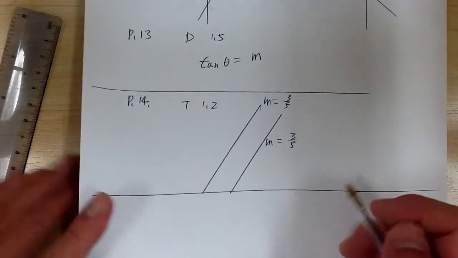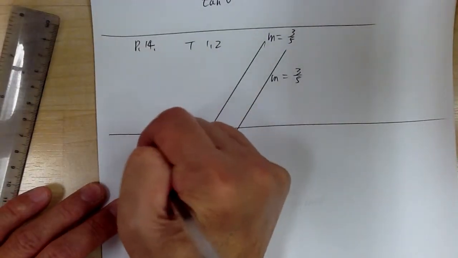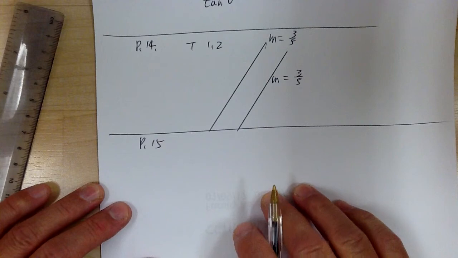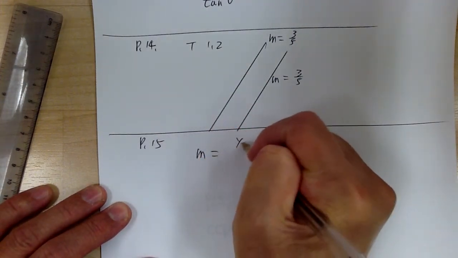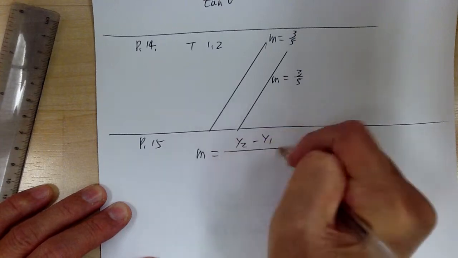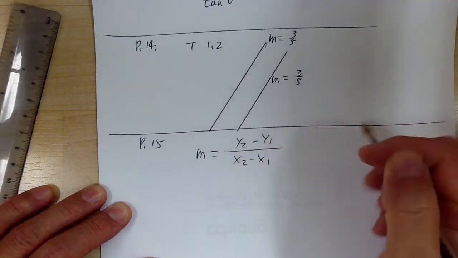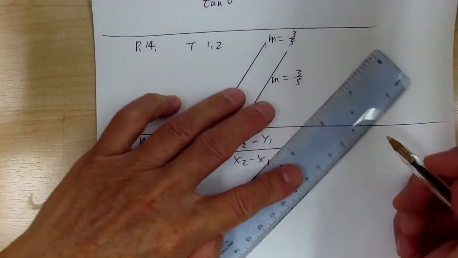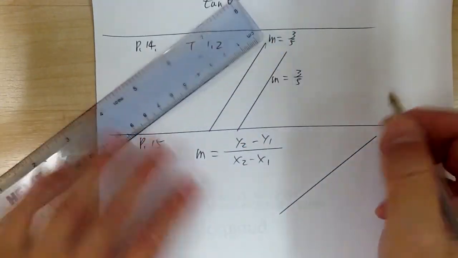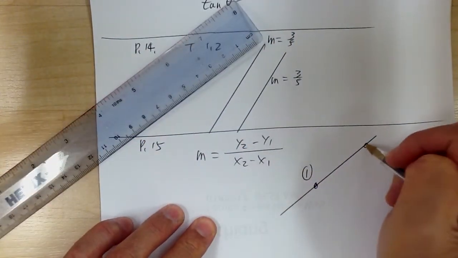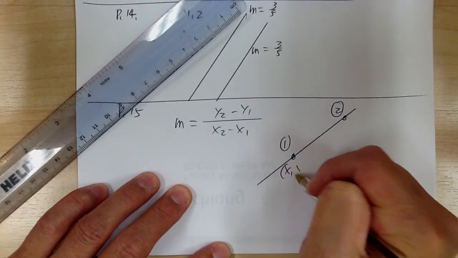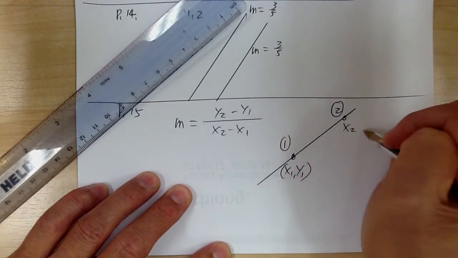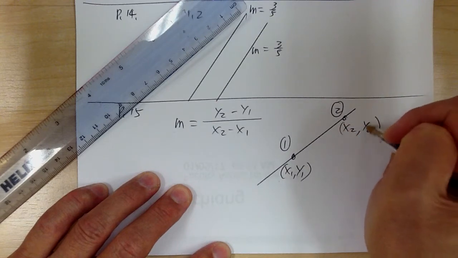Now, a lot of these are kind of quick review. So if you go to page 15, here is the formula for the slope. Slope equals y2 minus y1 over x2 minus x1. Okay, so if you have a line, and here's your point 1, here's your point 2, so that's your x1, y1, here's your x2, y2.